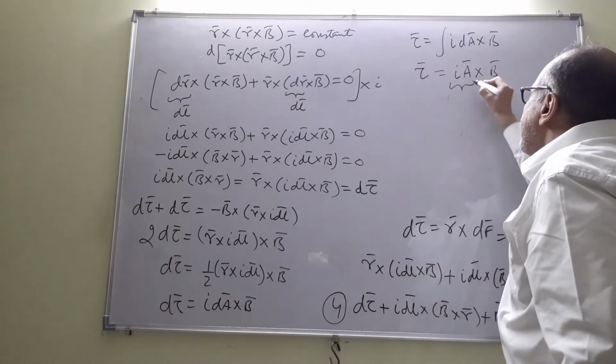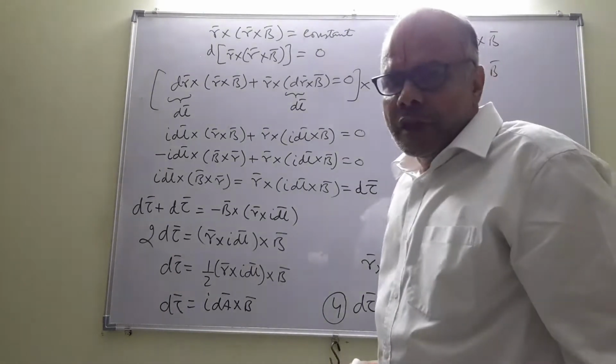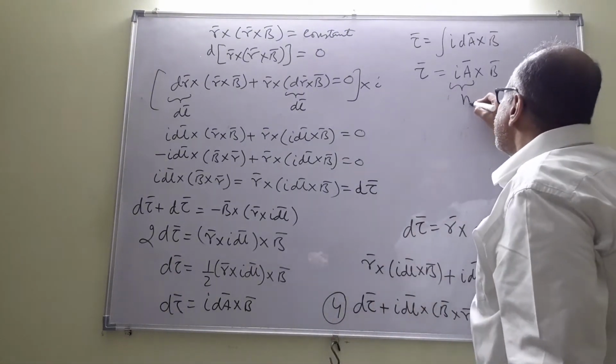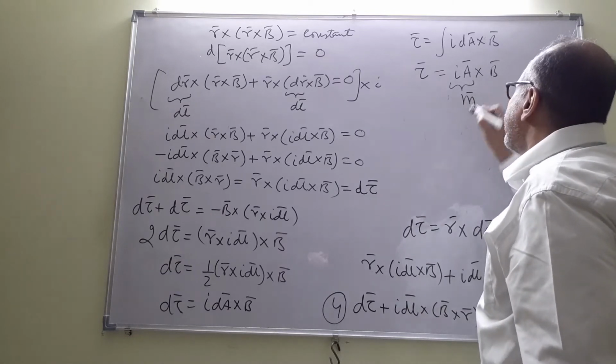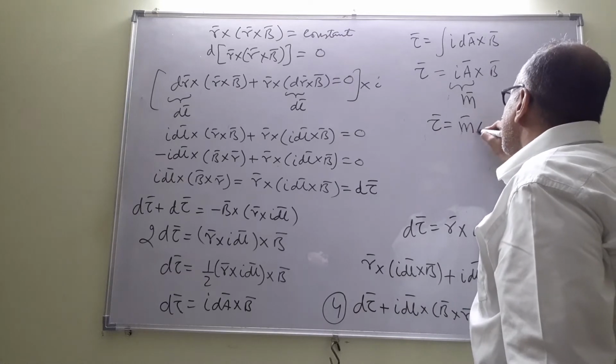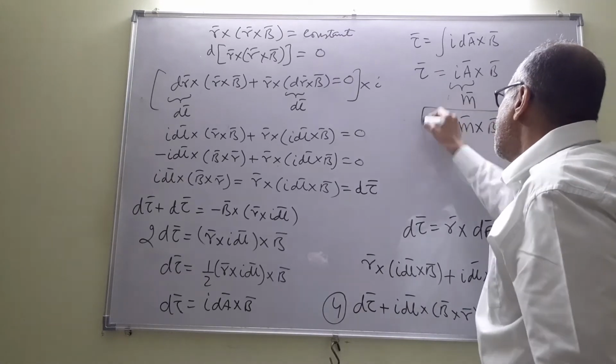I into A is called the magnetic dipole moment of the loop and is represented by the symbol vector μ. So we have the expression torque is equal to μ cross B.